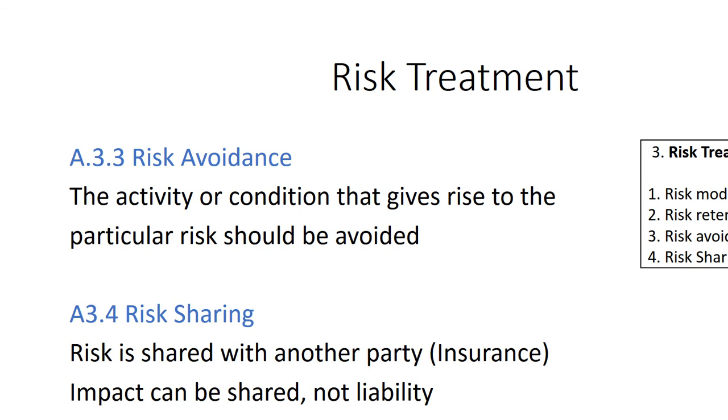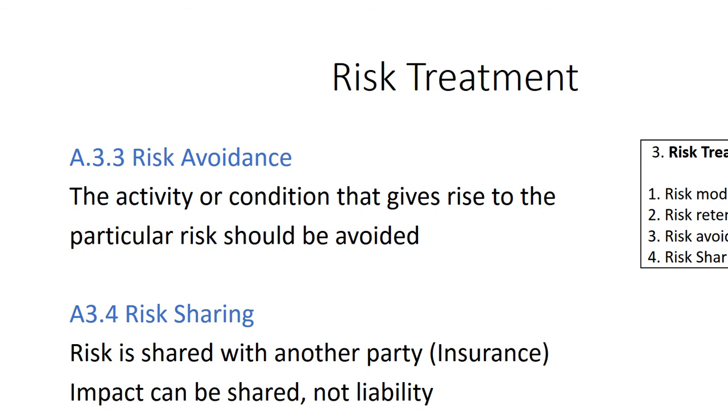For example, if you think that opening a new office in an earthquake or flood prone area can hamper your assets or your office completely, and there is no other way of dealing with this risk, you will decide not to open that office in that region. The risk is very critical and you don't have any available option to deal with it, so in the best scenario you avoid it completely.